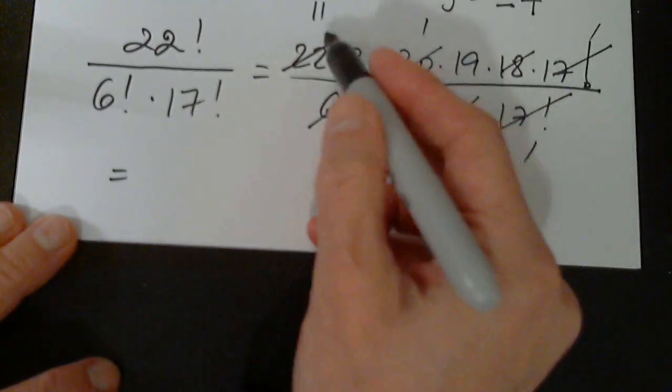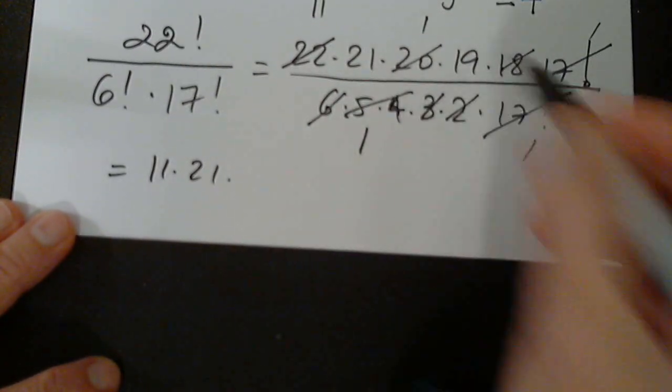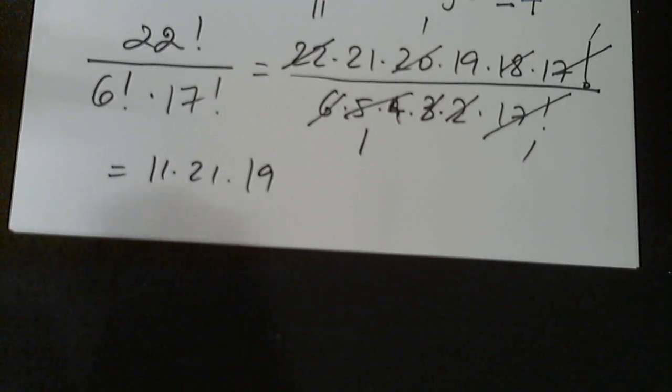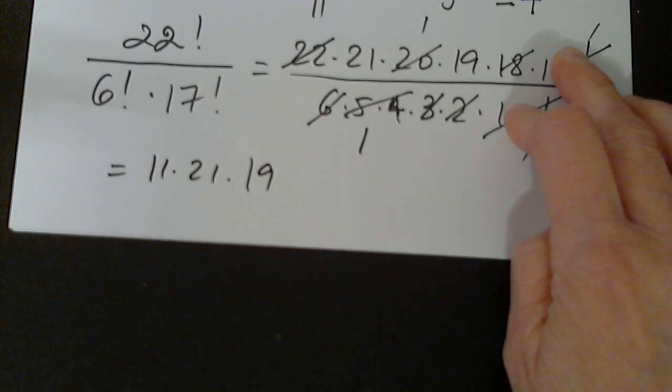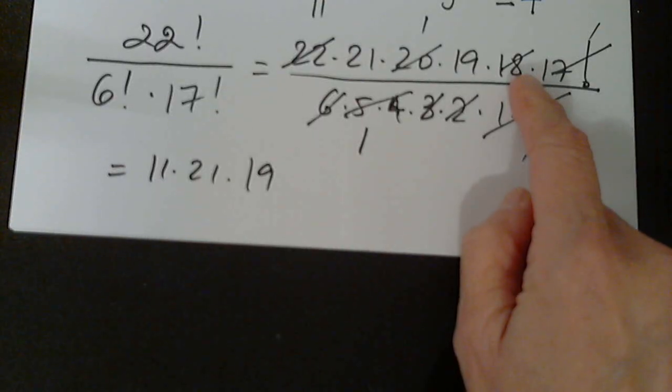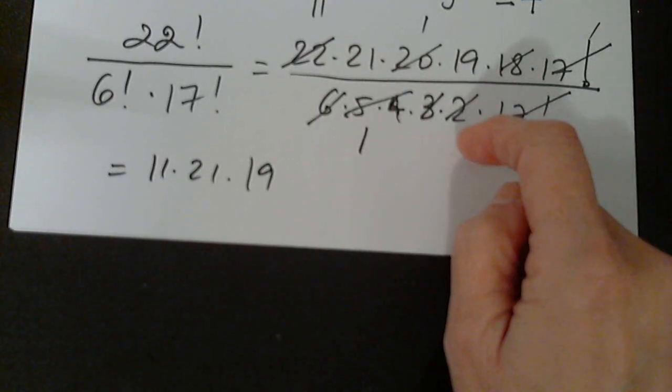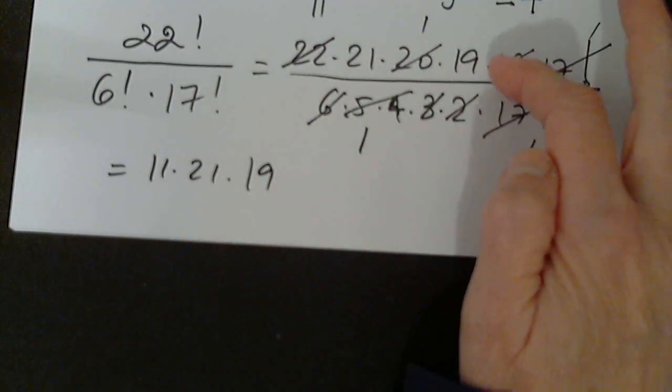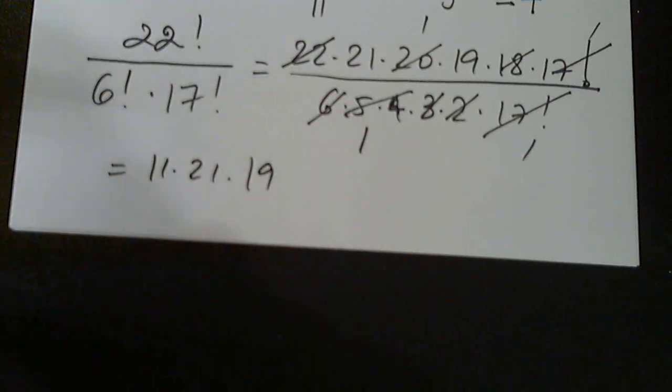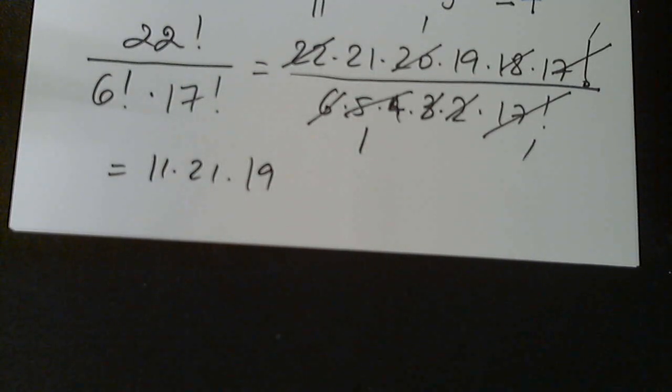So all I have to put in the calculator is 11 times 21 times 19. Everything else is gone. The 17 factorial, the 6 times 3 with 18, the 5 times 4 with 20, and 2 with 22. So what is remaining here? 11, 21, and 19. So this is all I need to put in the calculator. 11 times 21 times 19. That's it.